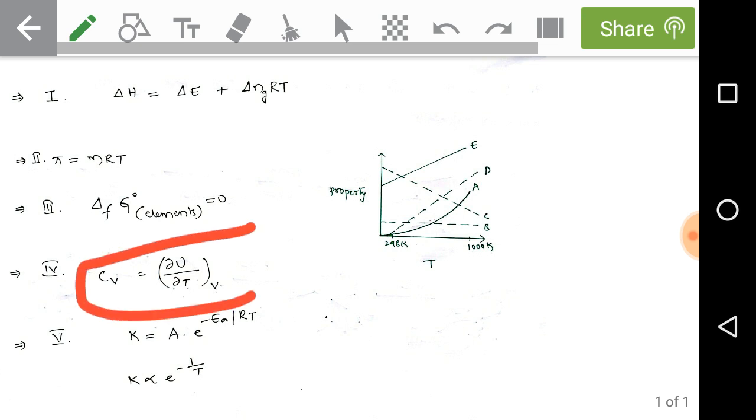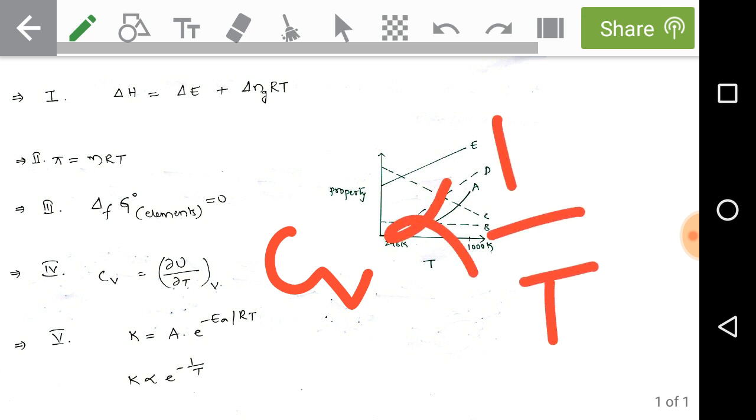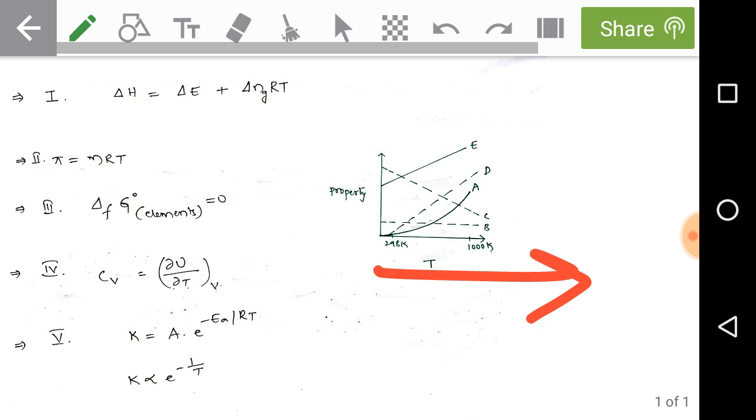From this relation of equipartition energy, you can take CV is proportional to 1 by T. That is, whenever temperature increases, molar heat capacity decreases. Line C is decreasing, so line C will be the correct combination with the fourth property.